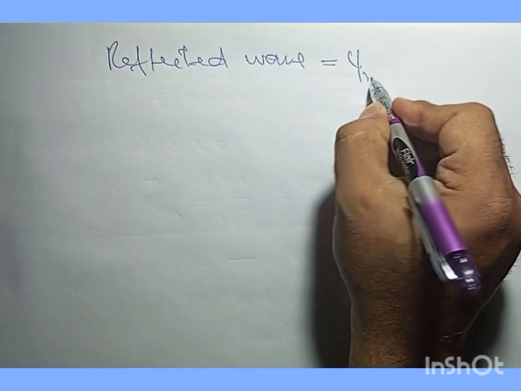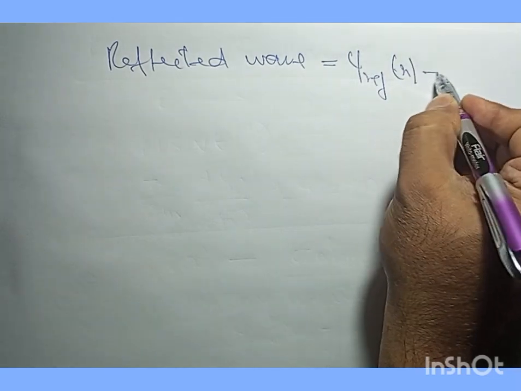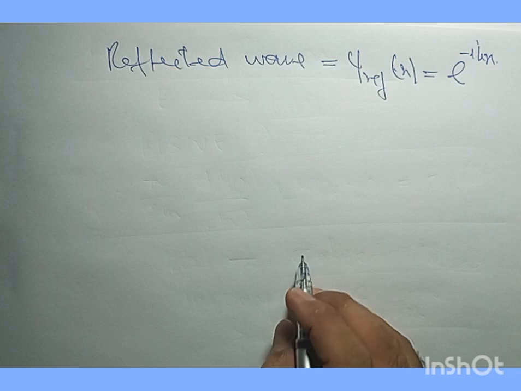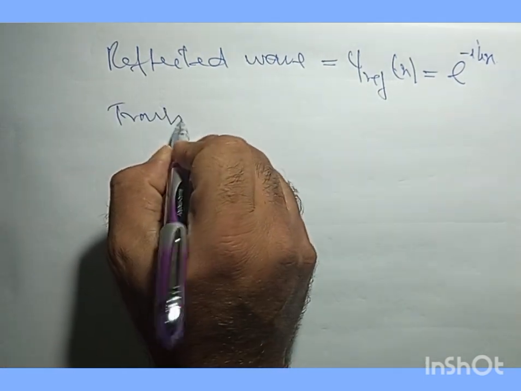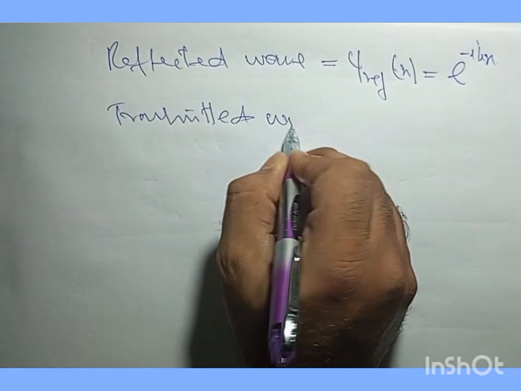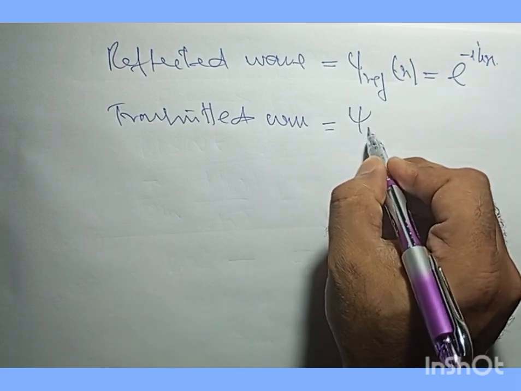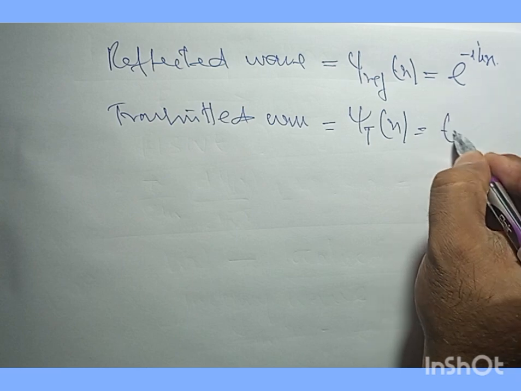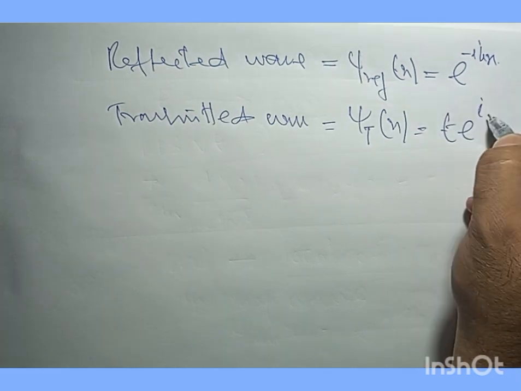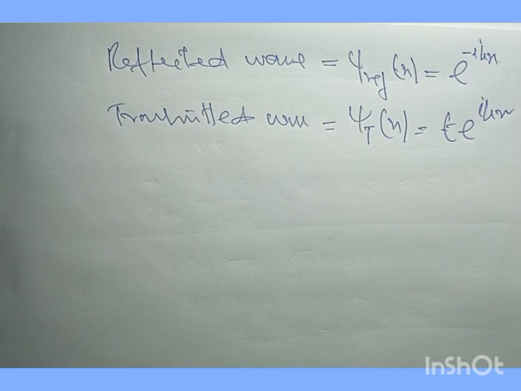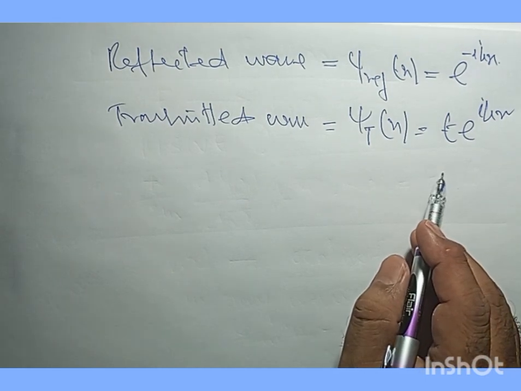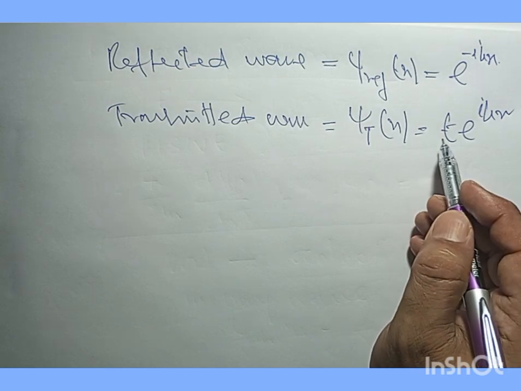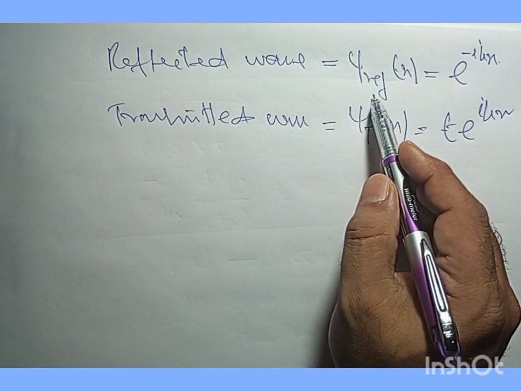Here I have psi reflected of x is e to the power of minus ikx. And then I will have a transmitted wave, psi t of x, which is e to the power of ikx.